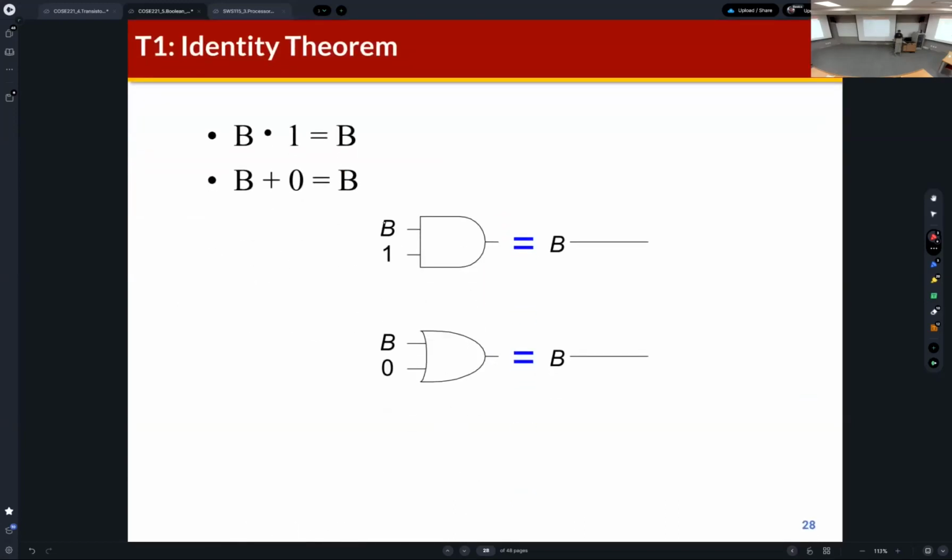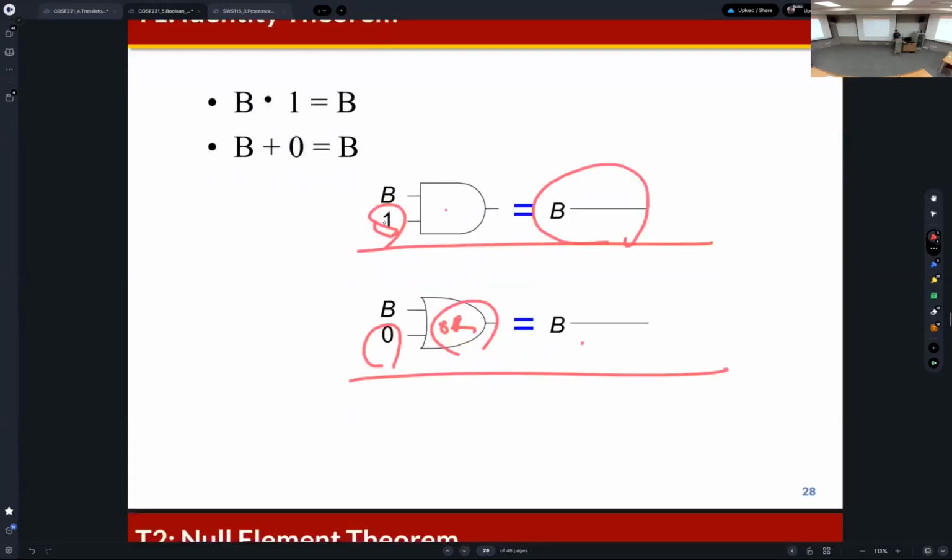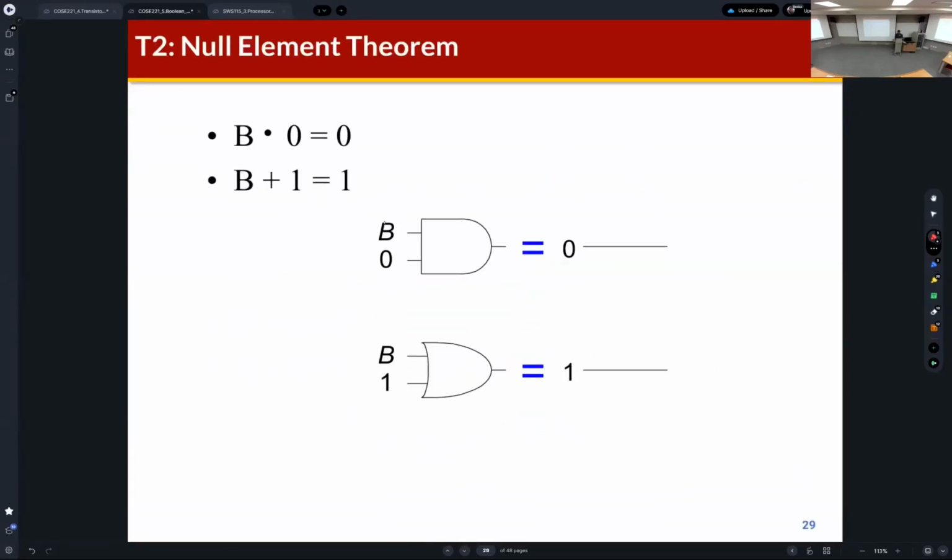So that's the identity theorem. Actually, it's very obvious, right? I hope it's obvious. So this is the AND gate, and one of the inputs is 1, and it's the same as B. If one of the inputs is 0 and we use the OR gate, it's also the same as B. And this is also obvious. If one of the inputs is 0, then it becomes 0.